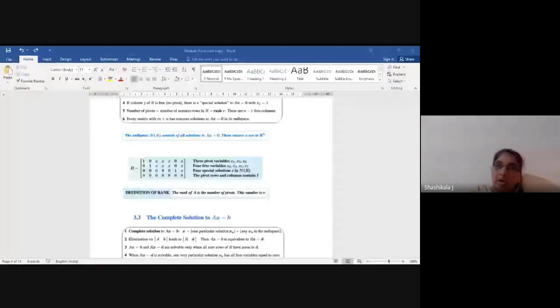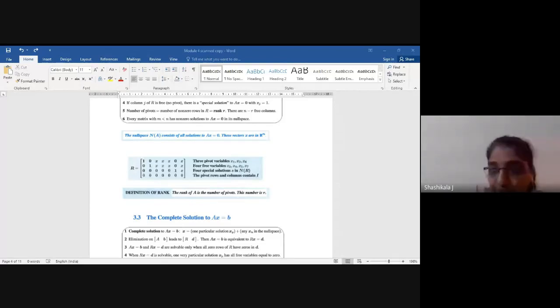In the chat, if it is a full column rank, all the columns are independent or pivot columns. How many free variables will be there? 0. Yes, 0 free variables means what about your null solution? There will be no null solution.